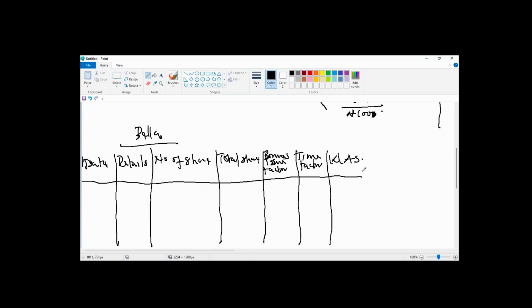I've told you the things that come with basic: shares in issue, which is the opening balance, issue at market price, repurchase, bonus issue, rights issue, stock split, stock dividend, reversal of stock split.